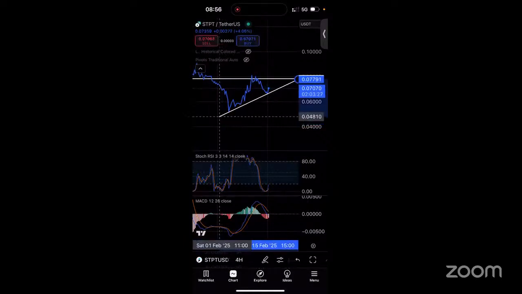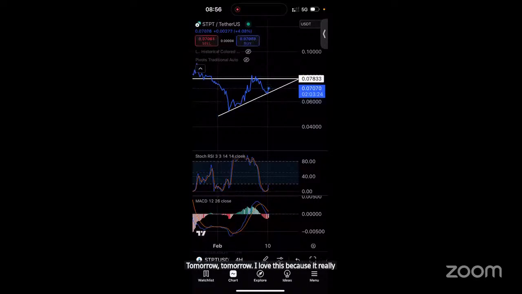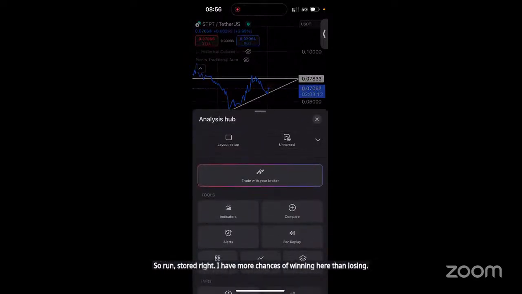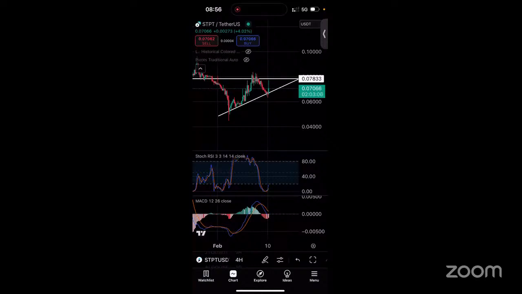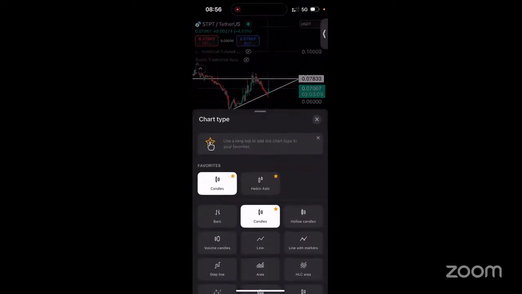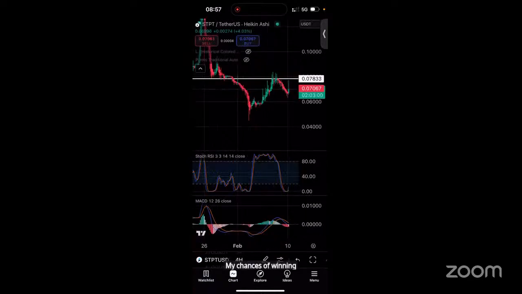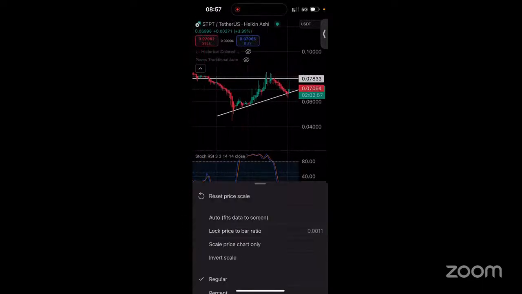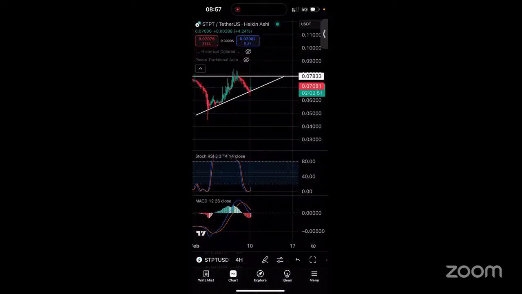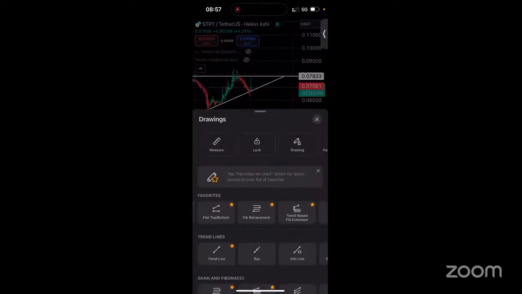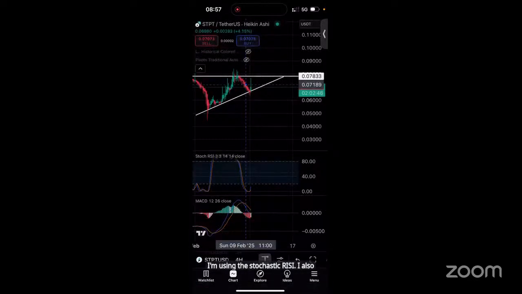I love this because it really... I have more chances of winning here than losing. More chances of making money here than losing it. I'm using the stochastic RSI. I also look at the MACD, those who know.